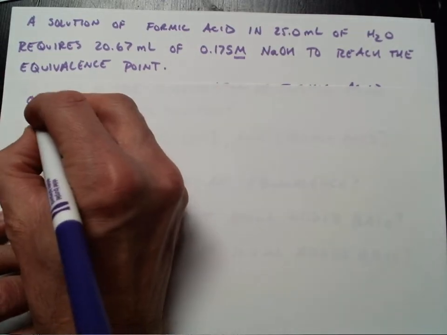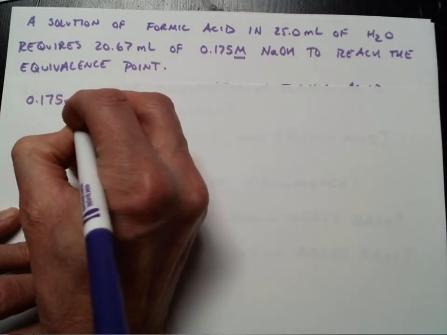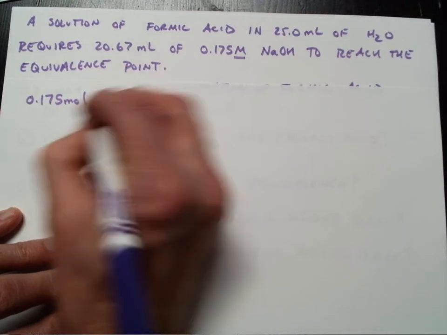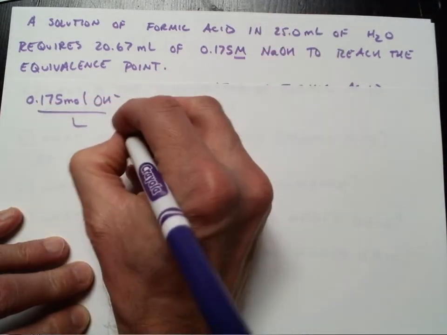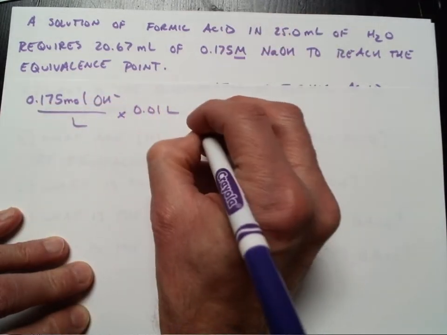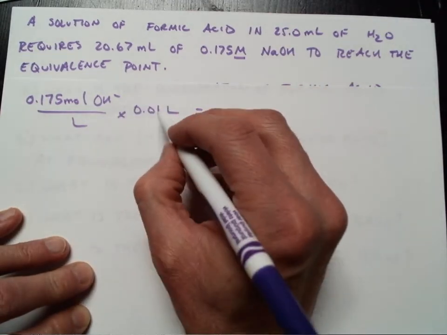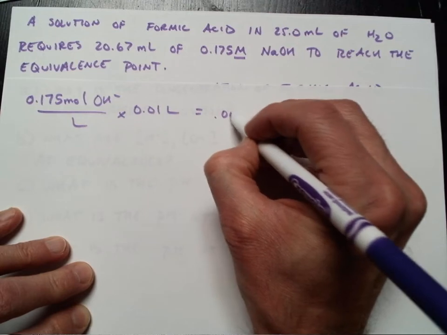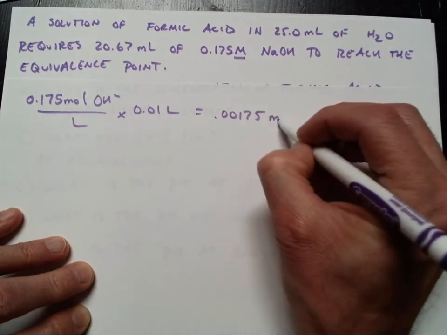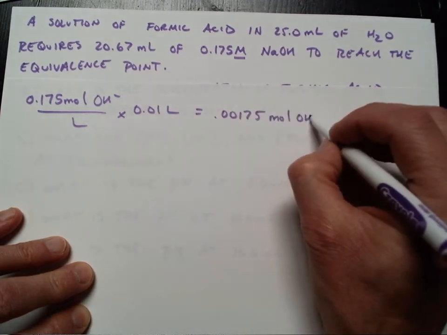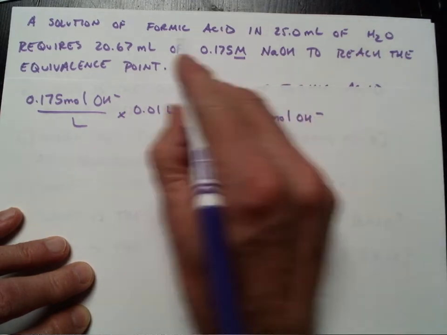So I got to take my 0.175 moles of hydroxide per liter, that's from this, times 0.01 liter. What's that come to? Well, that's easy to do. 0.01, so it's going to be 0.00175 moles of hydroxide added, right?